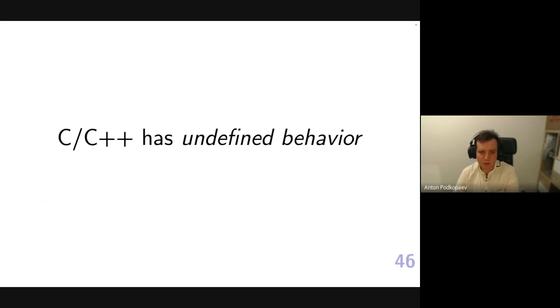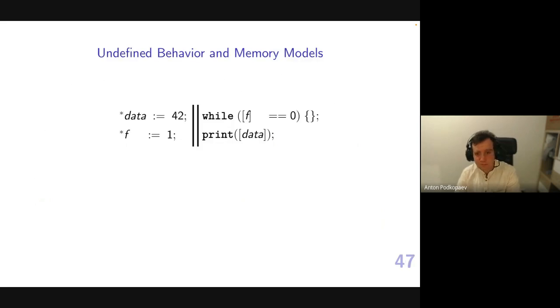So why is that? This is because C++ has undefined behavior. So what is undefined behavior? Suppose we have one more program. Here we have a message passing pattern. We want to pass some information through location data.